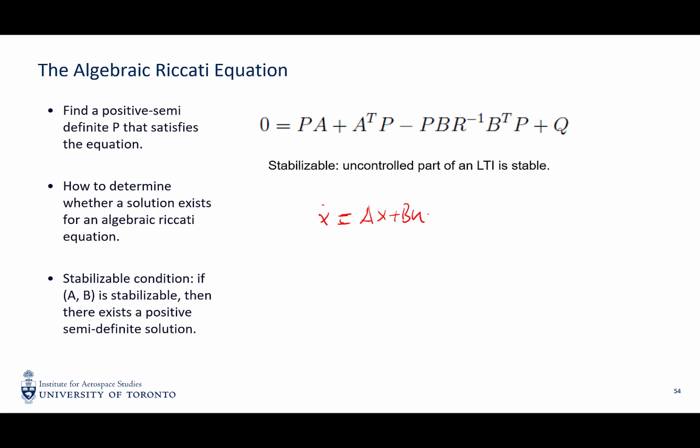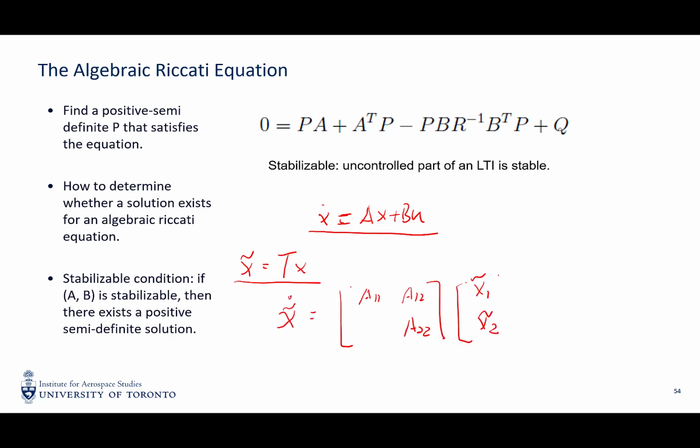So this means that for a linear system, if we can find a transformation matrix T, such that we have another state which is a transformed state of x by T, and for the transformed state we can separate. For the transformed state, the A matrix has a very special form, and the B matrix also has a very special form.